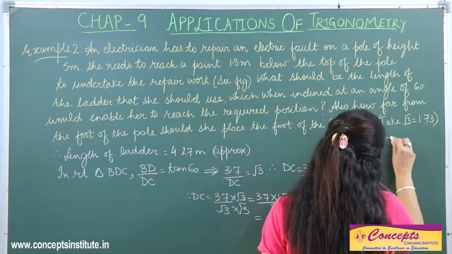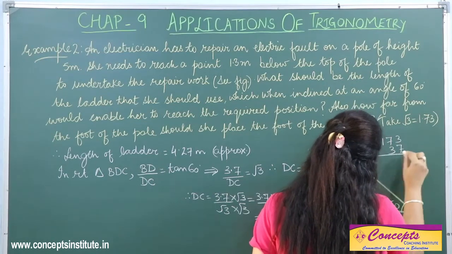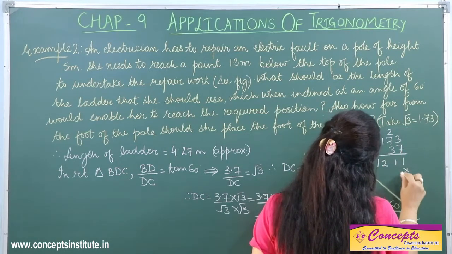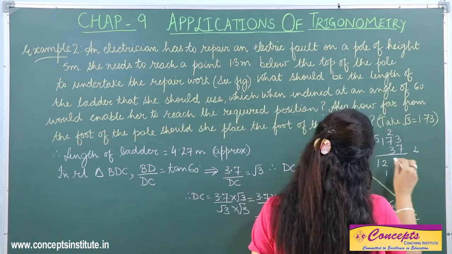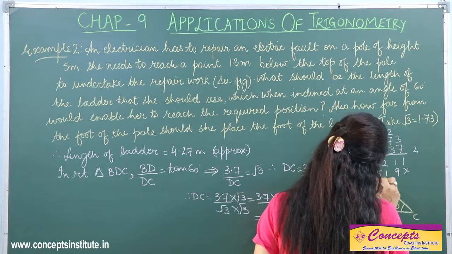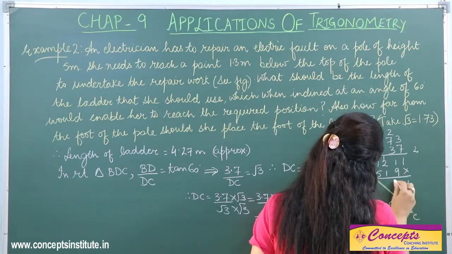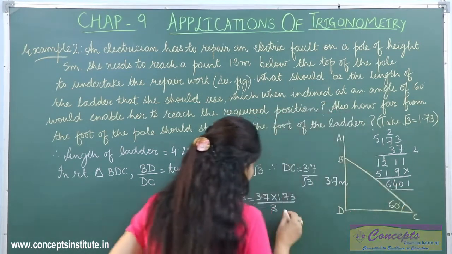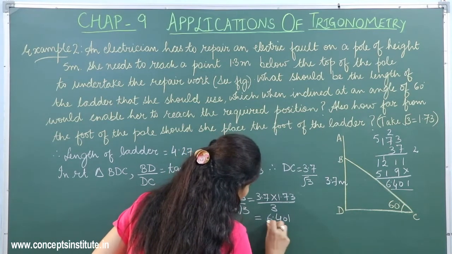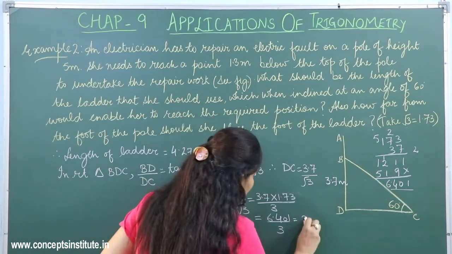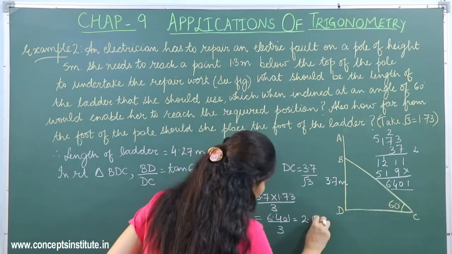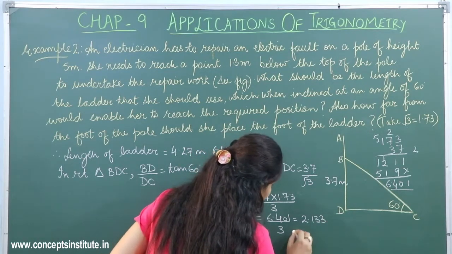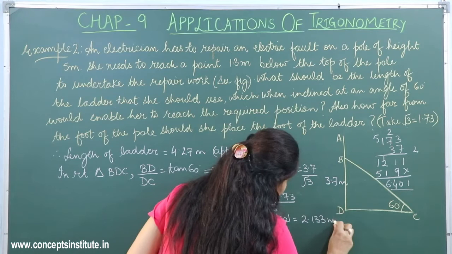173 into 37. 7 3s are 21, 49, 51, 12, 3 3s are 9, 3 7s are 21, 3 1s are 3 and 2 5. So this is going to give me 6401, right. There are 3 decimal places, so this would be 6.401 divided by 3. And this would be 2.13 meter approximately.